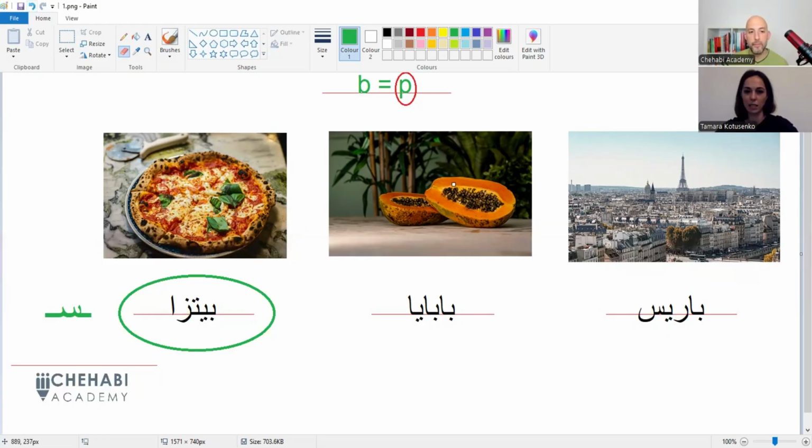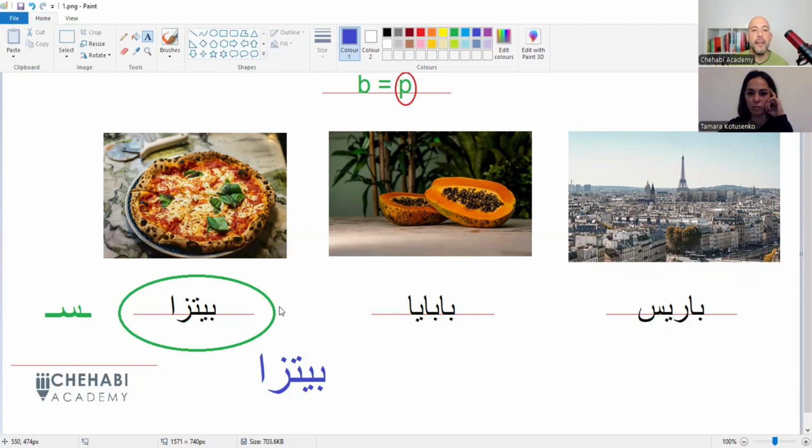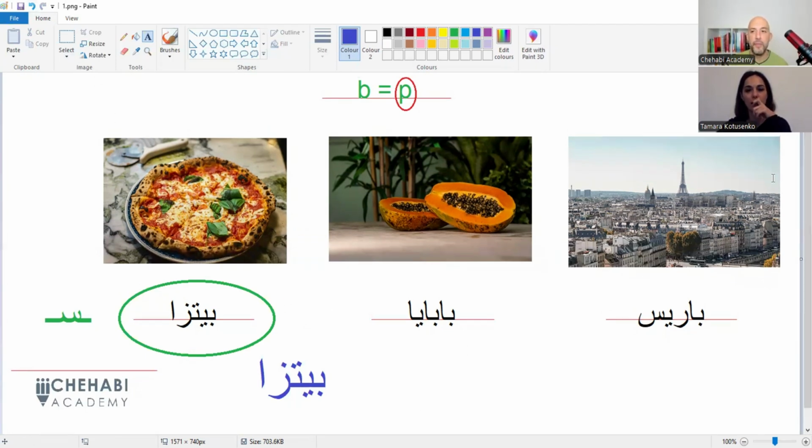It will be a mistake if I wrote it like this with seen, yes, because when you read Arabic, you see the word as a picture, and it will be difficult to read this as pizza. Pizza is written this way, because for the Arabs, it is not a t, it is a z, like English. Now I understand, yeah.